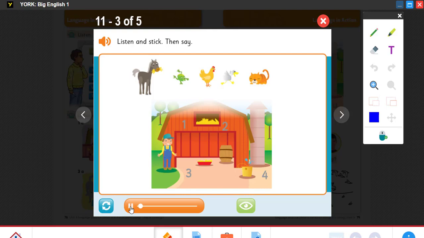1, Look! What is it? It's a small grey horse. Oh, what's it doing? It's eating. 2, Oh, look! Is that a cat over there? Yes, it is. It's a small orange cat. What's it doing?